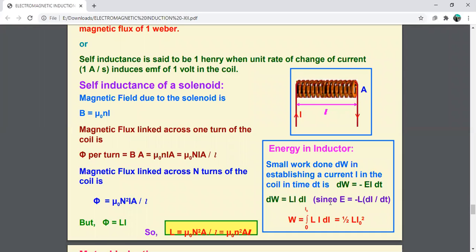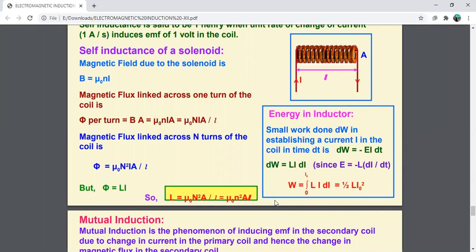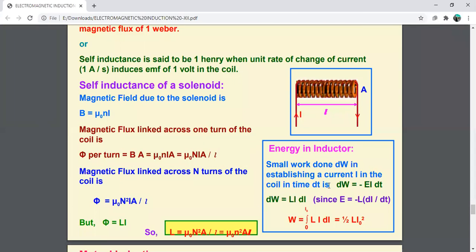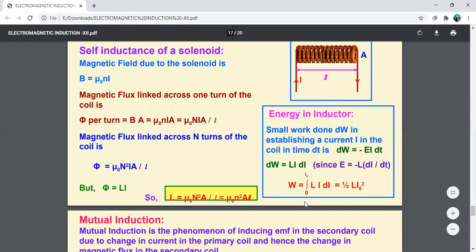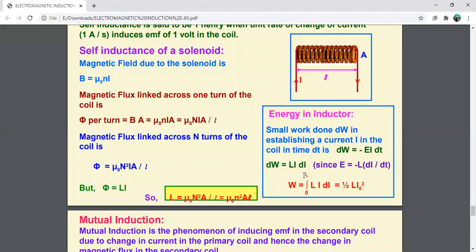Now integrating this from the limit as current starts growing from 0 to its maximum value. The maximum value of the current that has grown in the solenoid is I naught, called the current amplitude. So its lower limit will be 0 and upper limit will be I naught.